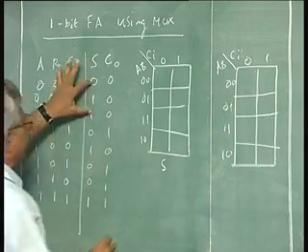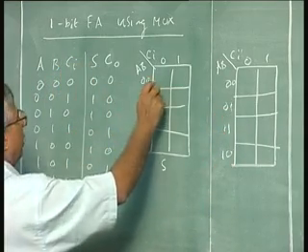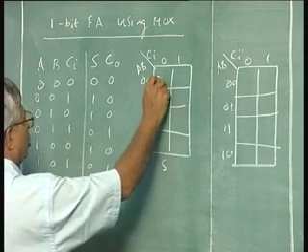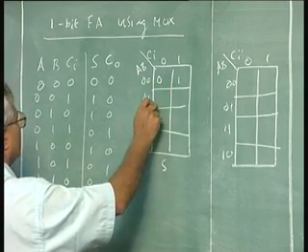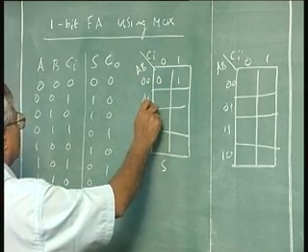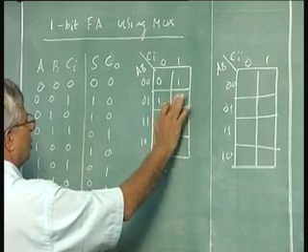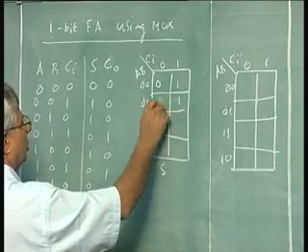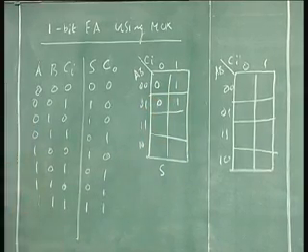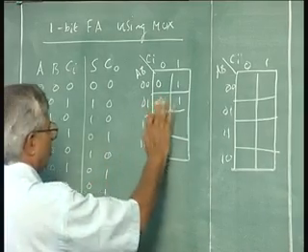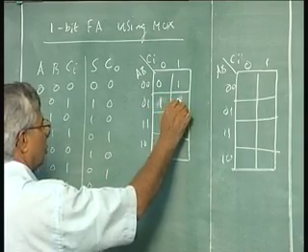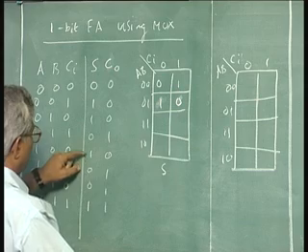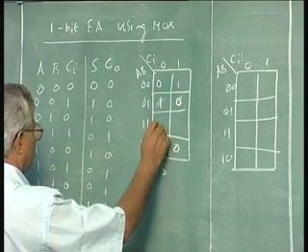So, quickly mapping this on this, it is 0, 1, 1, 0, is that right? No. 1, 0, 1, 0, 0, 1.